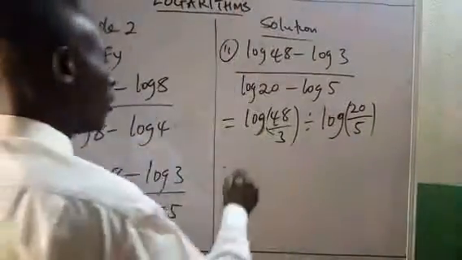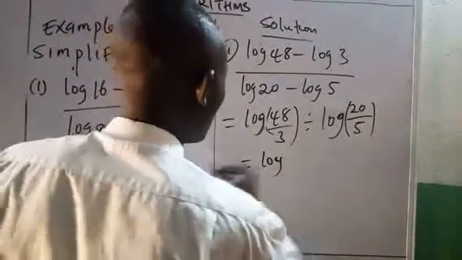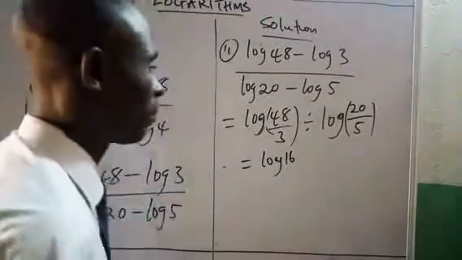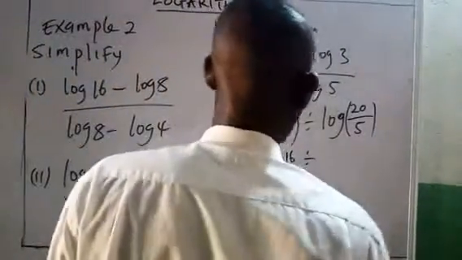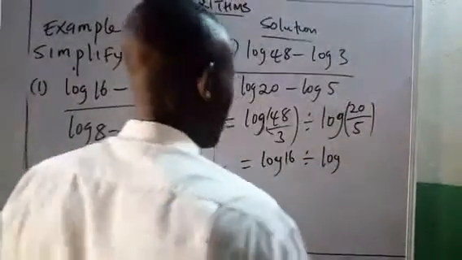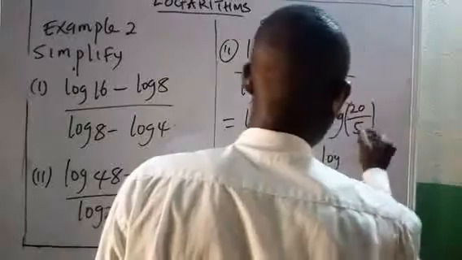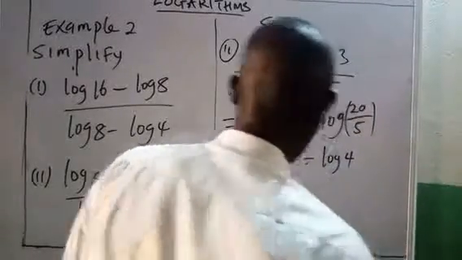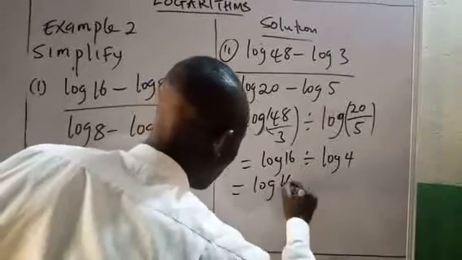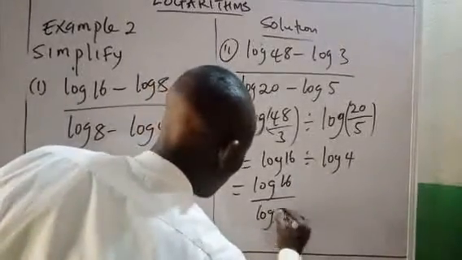So if we divide this, we are going to have log, 3 divided into 48 is 16, divide by log, 20 divided by 5 is 4. So look at this. We now have log 16 over log 4.